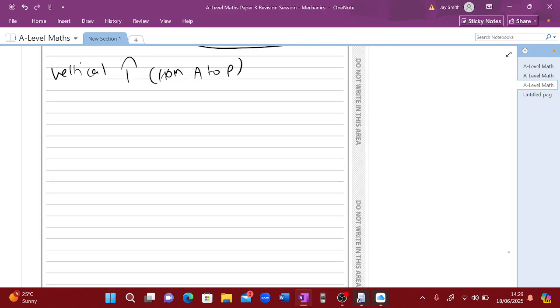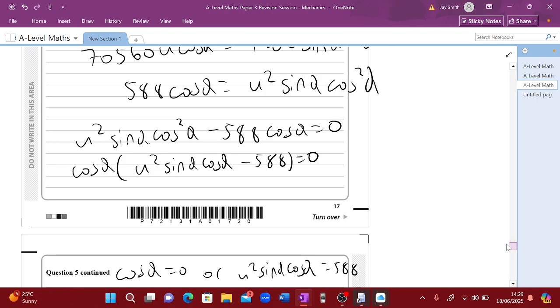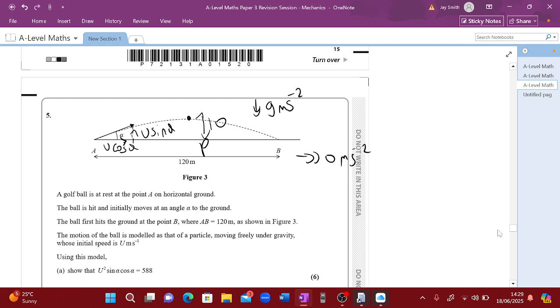so then if we resolve vertically, S is going to be 10 now because the maximum height was 10. U is still going to be U sine alpha. That's the vertical initial speed upwards. V, we actually know to be 0, because at the maximum the particle keeps slowing down and slowing down until it reaches the maximum height.